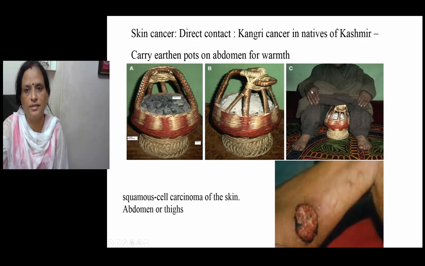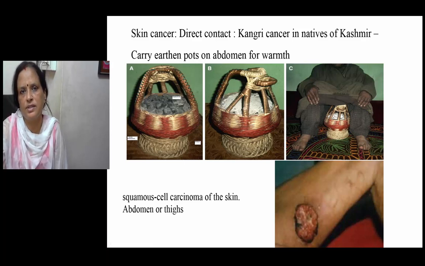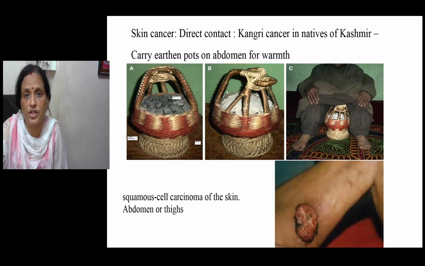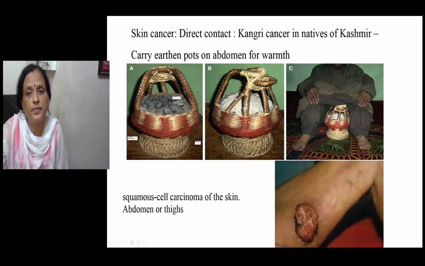So this is another, probably we can say a physical agent causing carcinoma. Anybody has seen this? We have one kangri, this is called as kangri, kept in our museum. So if you have visited Kashmir or if you're a Kashmiri, so you'll be knowing about the usage of this.